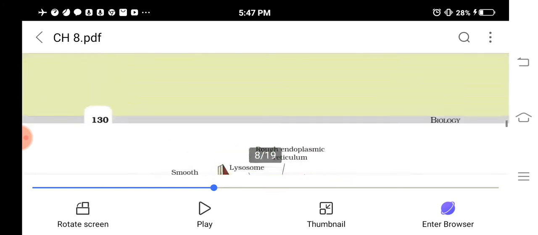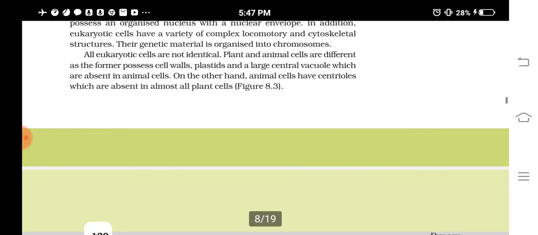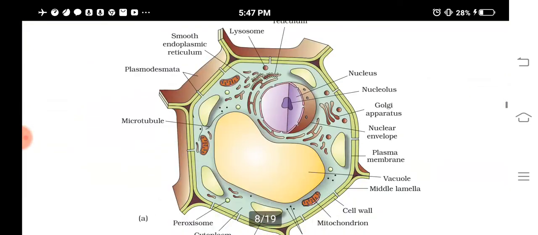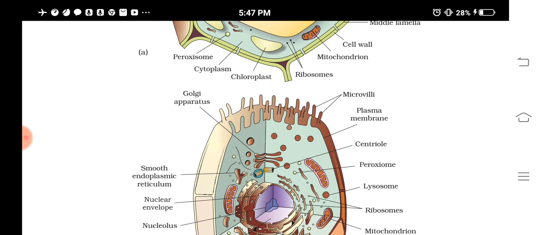Okay, then another difference between animal cell and plant cell is, animal cells have centrioles, from which you can see the flagella or any other structures originating, or fimbriae or pili.